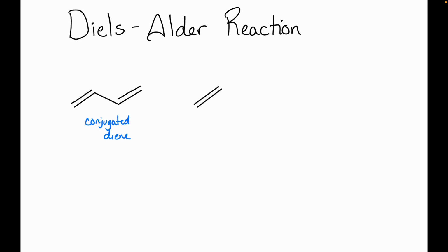And it's got this fancy name because of its role in the reaction. This is what we call a diene-ophile. What does that suffix phile mean? Lover. So this is a lover of dienes here. All right, and we're going to see that the common feature is it contains at least one pi bond.